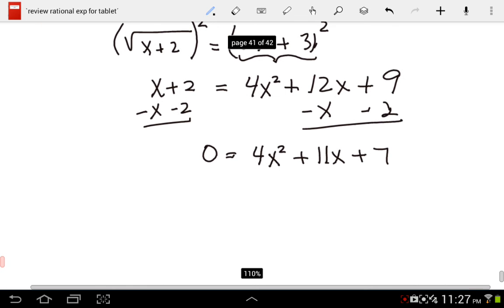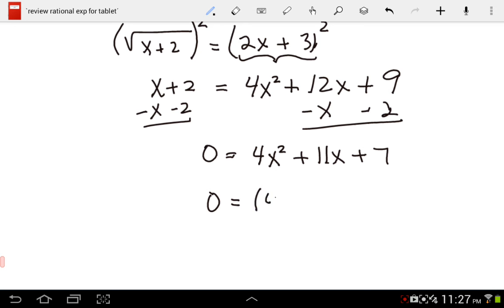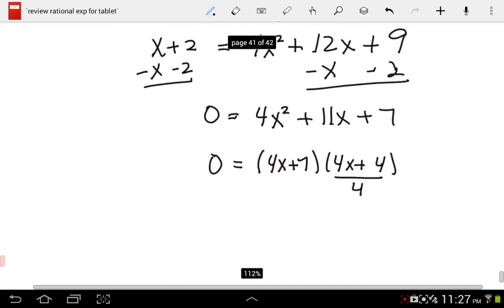Okay, now this will factor. We'll have to use the Berry method because we do have a leading coefficient. So now we're not looking for factors of 7 that add to be 11. We're looking for factors of 28 that add to be 11, which would be 7 and 4. So we're going to have 4x and 7 and 4x and 4. Now remember, we're using the Berry method, so we're going to have to pay back a 4 here, which will come back out of that one.